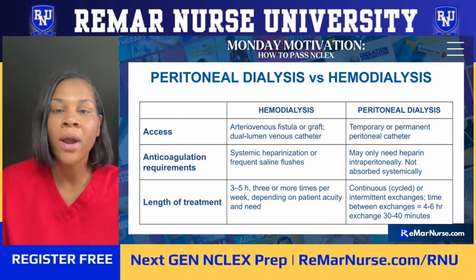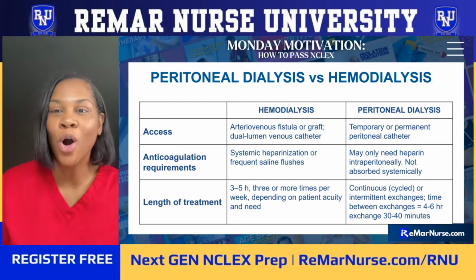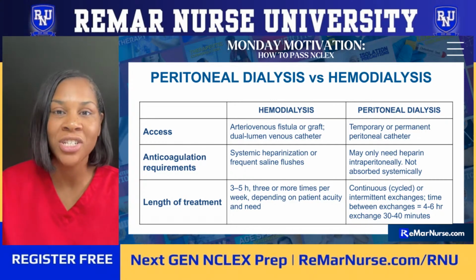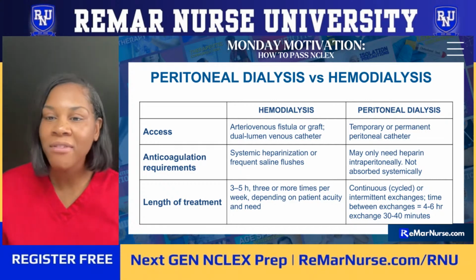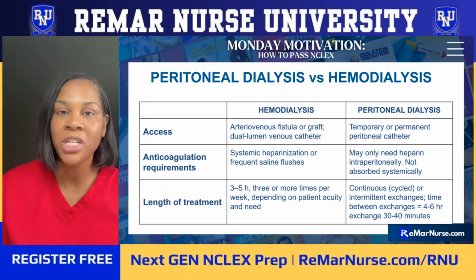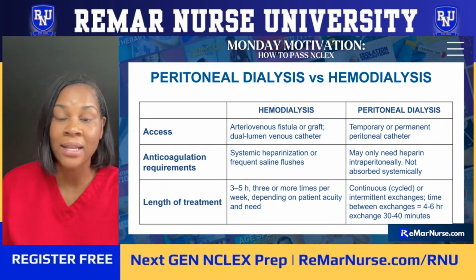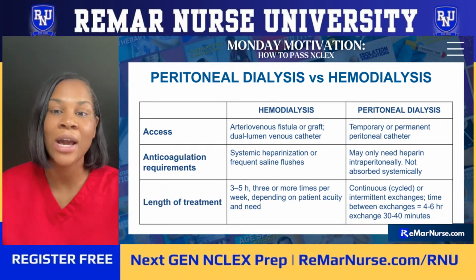All right. Whereas peritoneal dialysis is done where? It's done in your home. It's done in a home environment. And the patient is able to hook themselves up. It is done by gravity. They have new machines that do it now, but for NCLEX, understand peritoneal dialysis is done at home. It's done via a process of osmosis and gravity.